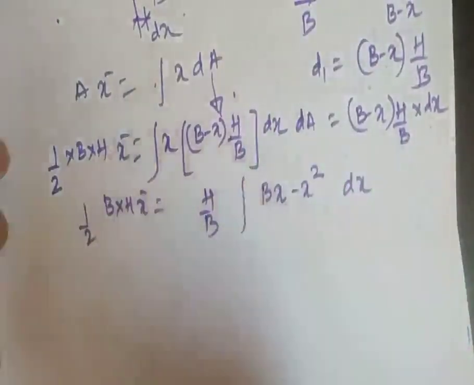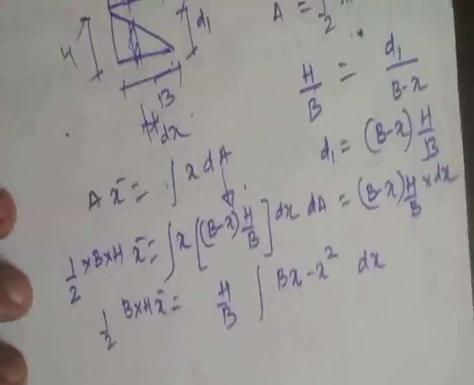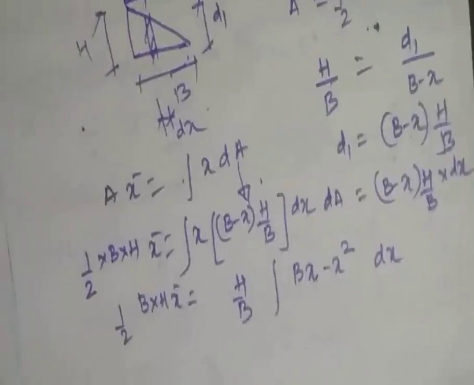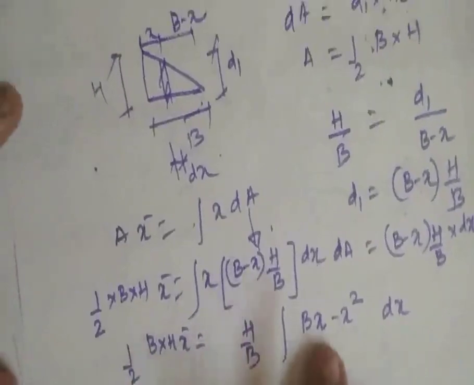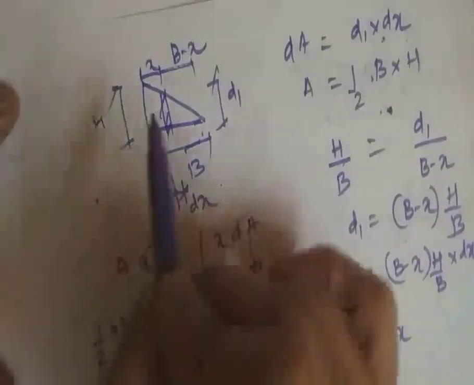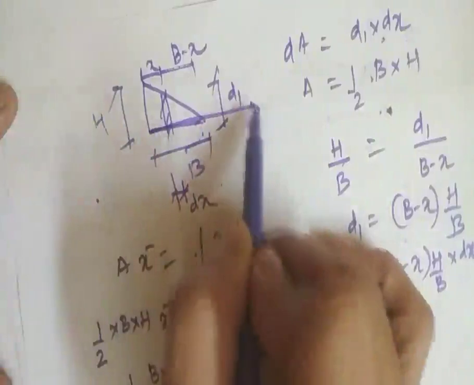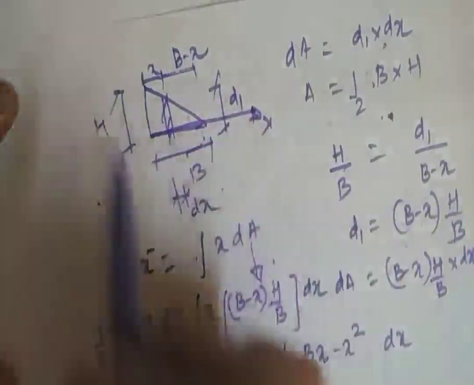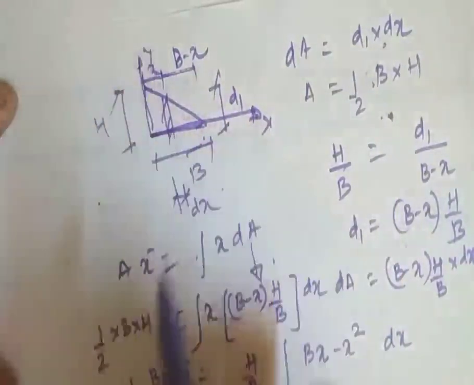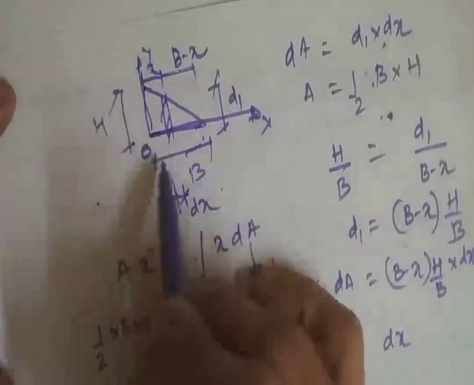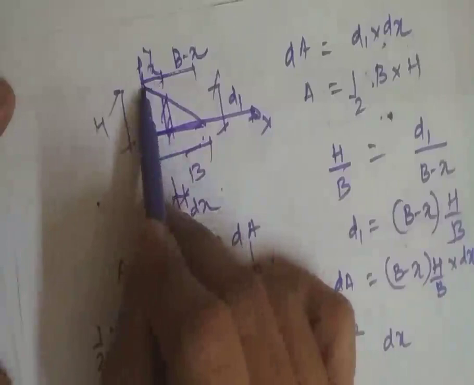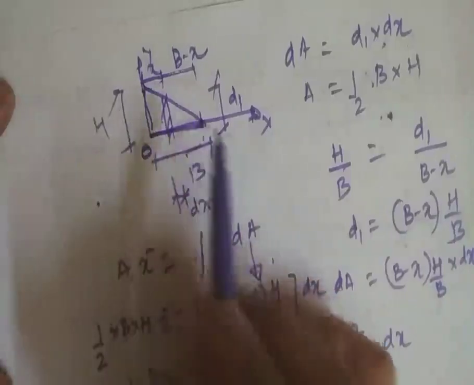In the integration term we need to substitute the limits. To substitute the values of the limits of x, as the axes have been considered with respect to the base, that is the x-axis and y-axis, x will start from the origin O and terminate at this particular position.